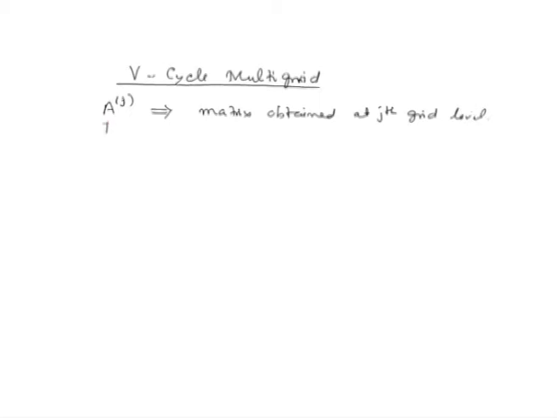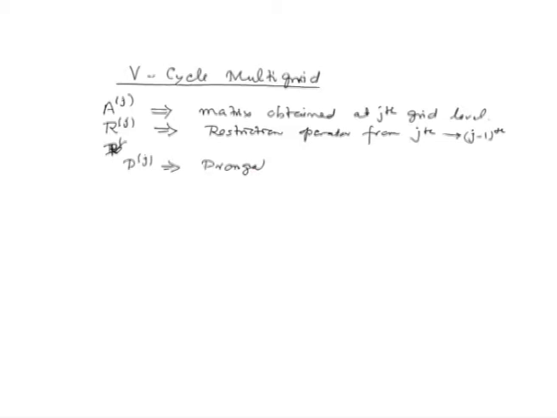Similarly, P superscript j, this is the restriction operator from the jth grid to the j minus 1th grid, and this P superscript j would represent our prolongation operator from grid level j to j plus 1.